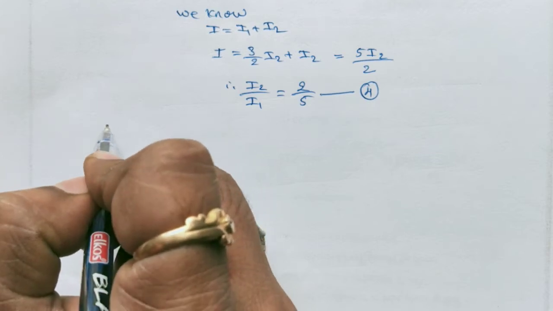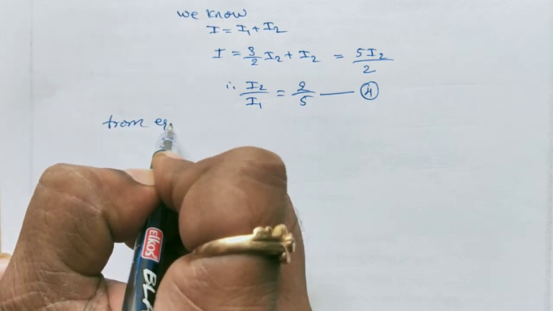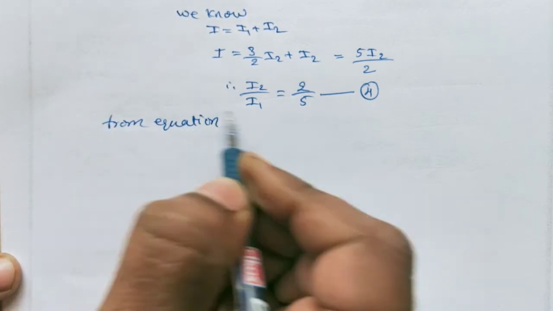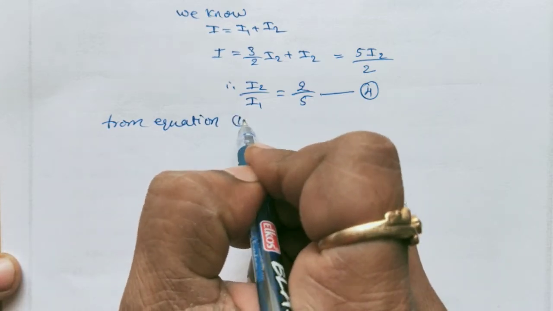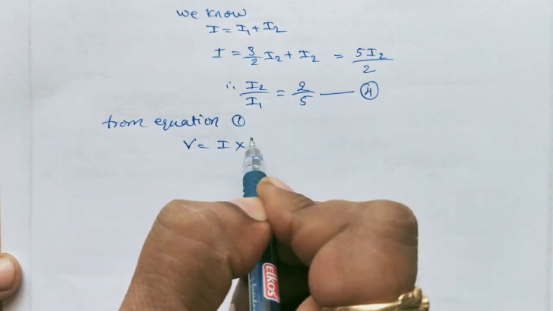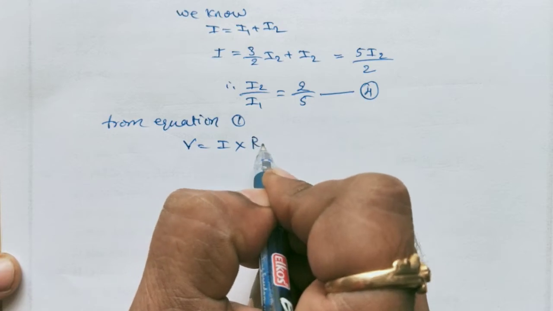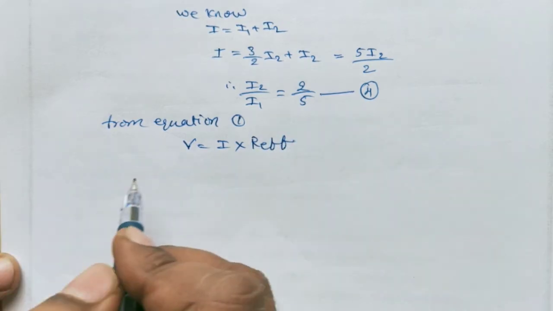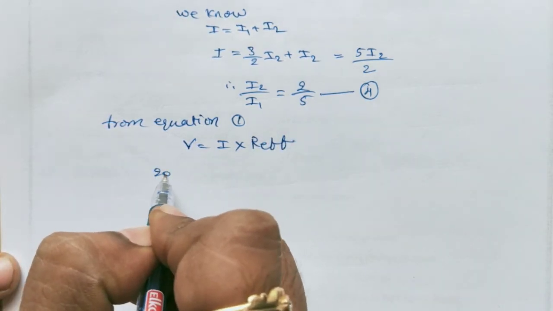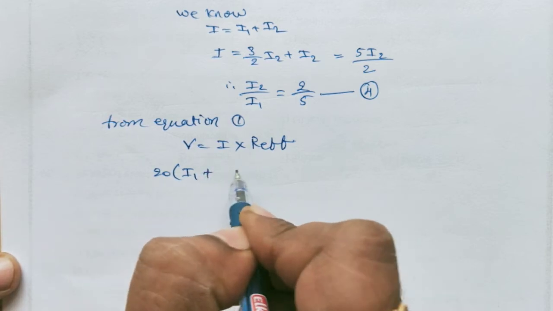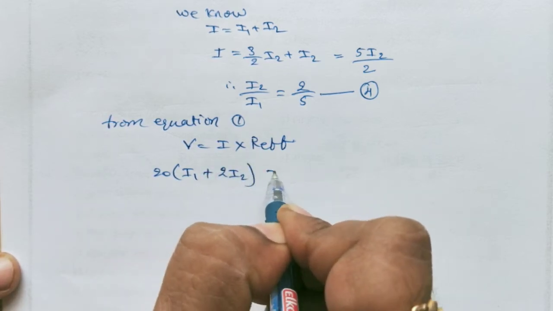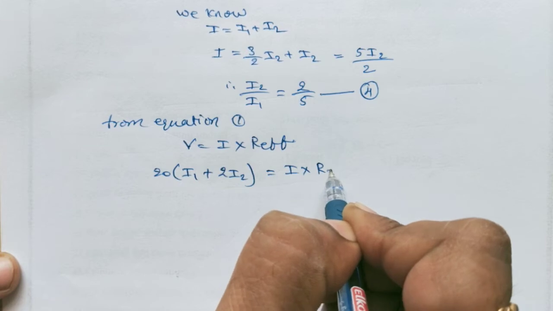From equation 1, we know V is equal to I into R effective, and we already identified V is equal to 20 into I1 plus 2 I2, which is equal to I into R effective.